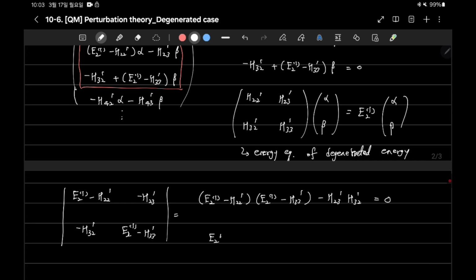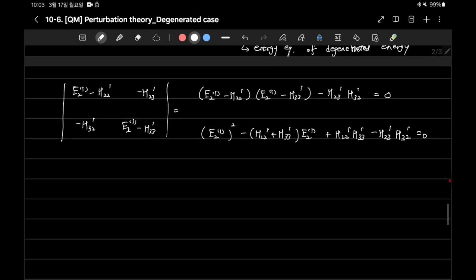Then we can calculate: E2 first order squared minus H22 prime plus H33 prime times E2 first order, plus H22 prime H33 prime minus H23 prime H32 prime, should be 0. And from here it is a second order equation, so we can obtain two solutions.